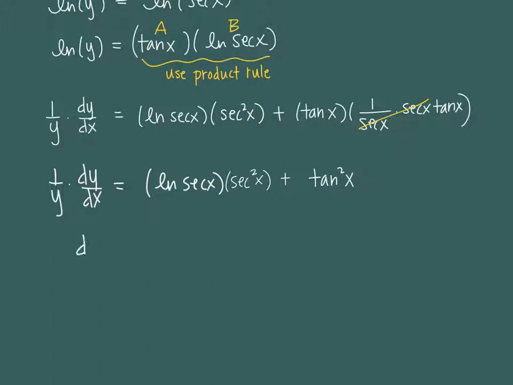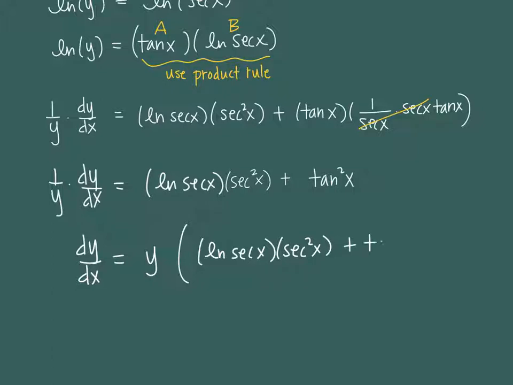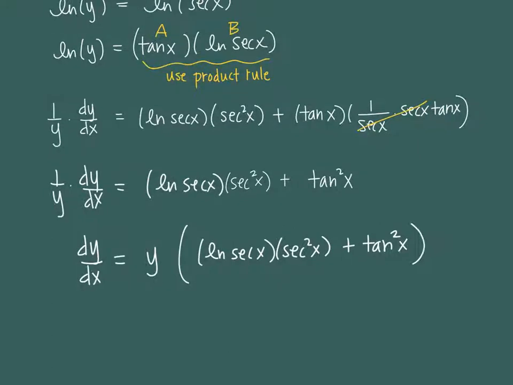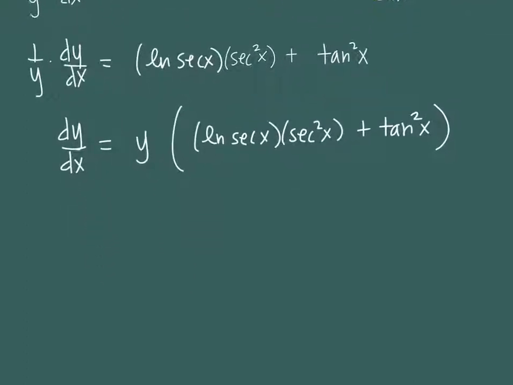Multiply by y. So dy dx by itself would be y times the other side. And what was y to begin with? Okay, y to begin with was secant x to the tangent x.